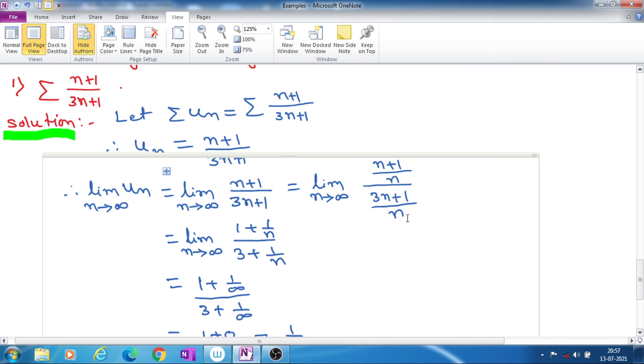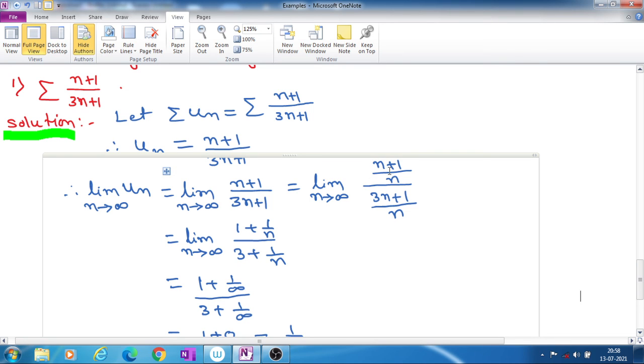Now to find this limit, when the numerator and denominator contain n, we always divide the numerator and denominator by n. Dividing the numerator and denominator by n makes no change in the original fraction.